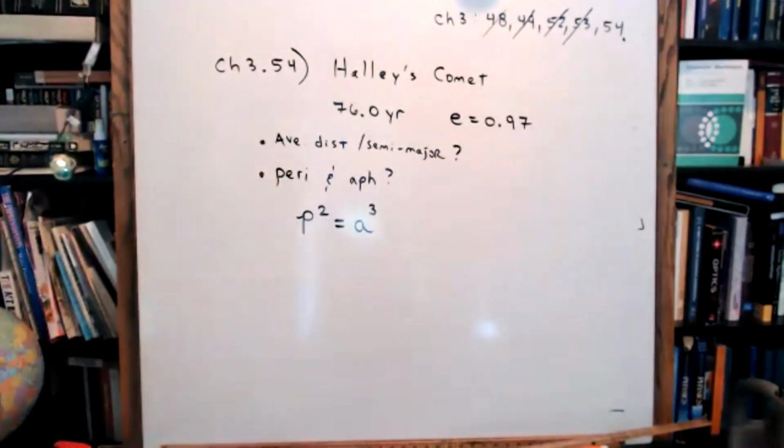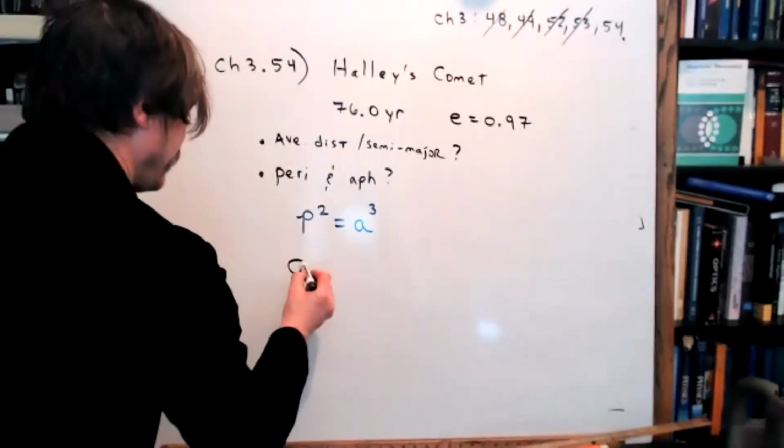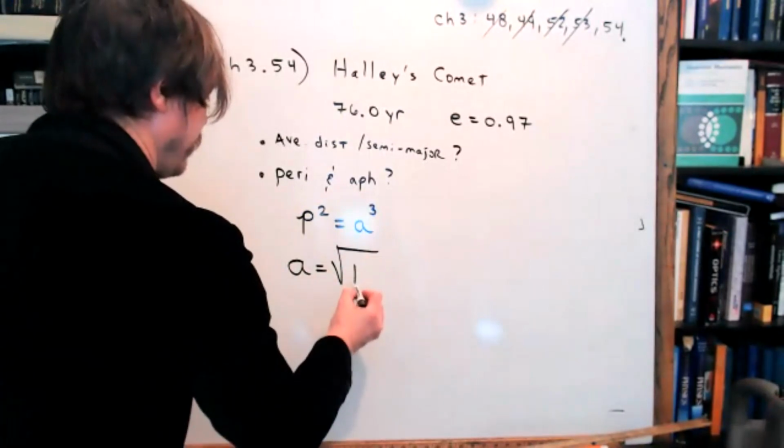Very good. And which letter am I trying to get or solve for here? That would be A. Okay, so let's write it the other way. Let's write A equals the cube root of P squared.